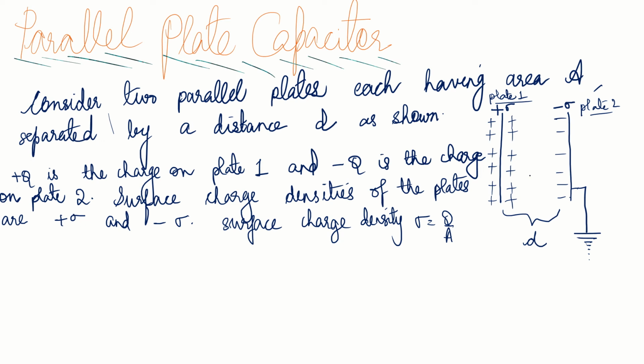We didn't mark them. This is how we write. Surface charge density sigma is Q by A, charge by area. This we have already studied.